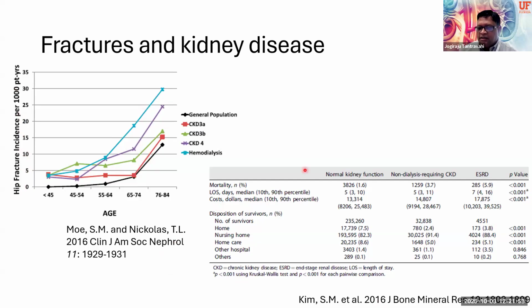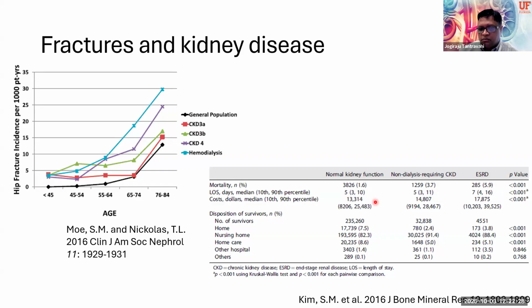The second shows that the mortality of individuals who suffer hip fractures increases significantly with both CKD and end-stage renal disease. Not included on this slide is a separate analysis by this group showing that the financial cost of hip fractures in patients with CKD and end-stage renal disease far outstrips, on a patient-per-patient basis, the cost of managing hip fractures in patients with normal renal function.